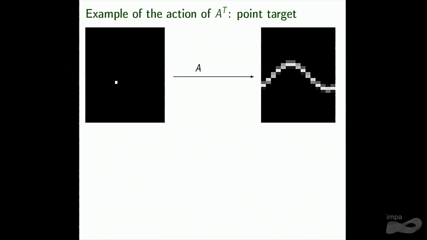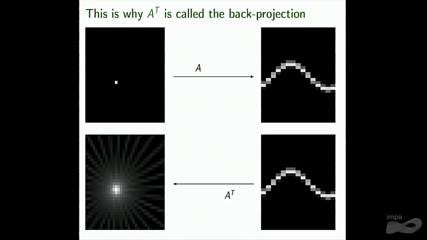But what happens if we do the same for a sinogram where there is only one point? Oh, sorry. First, let's look at what happens when we map this one back here. Here we already see a bit why it's called the back projection, because now, in the place of this non-zero pixel, we are sending back all the X-rays that are going through that point.